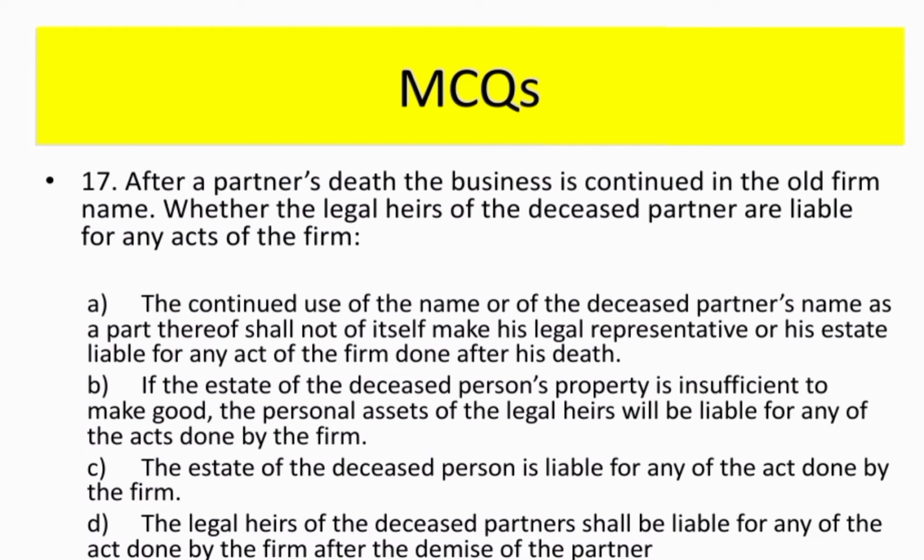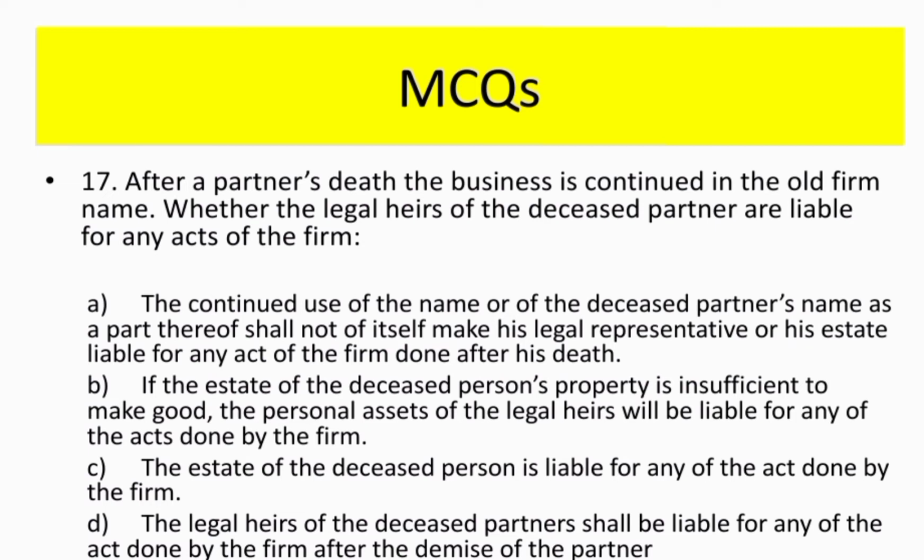So the question is like this. Option A says the continued use of the name, or of the deceased partner's name as a part thereof, shall not of itself make his legal representative or his estate liable for any act of the firm done after his death.